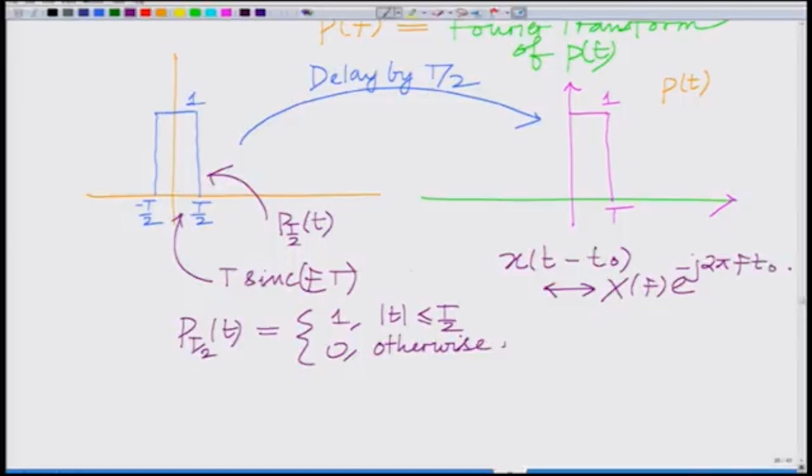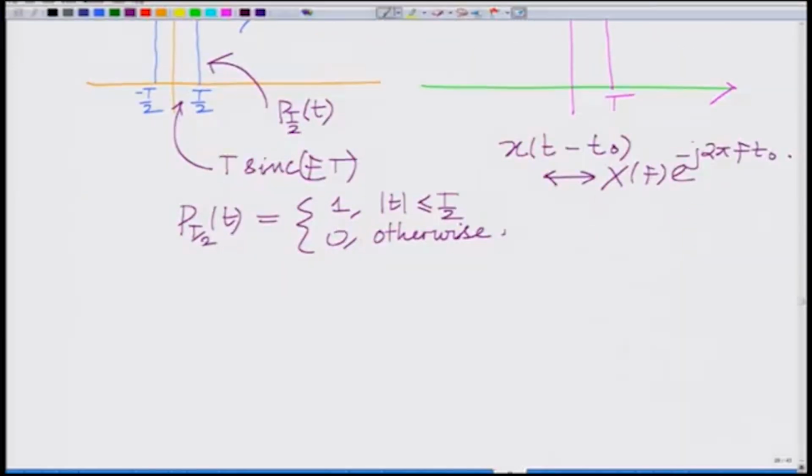Therefore, we have our pulse Pt equals basically your Pt by 2 delayed by t by 2.